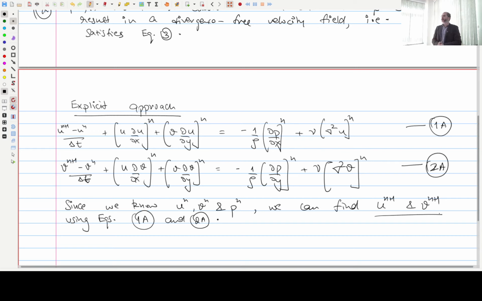Why should it satisfy continuity? Because it is using a pressure from the previous time, right? So u^(n+1) and v^(n+1) in most cases will not satisfy continuity, unless the pressure does not change with time.